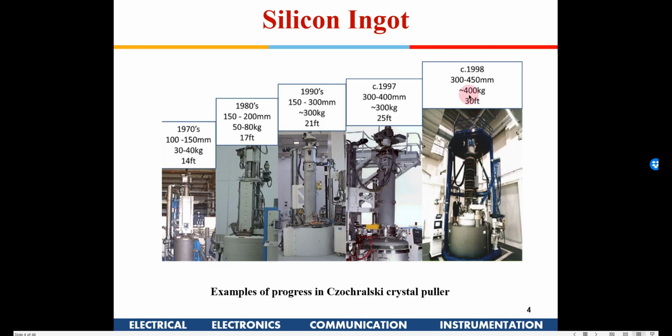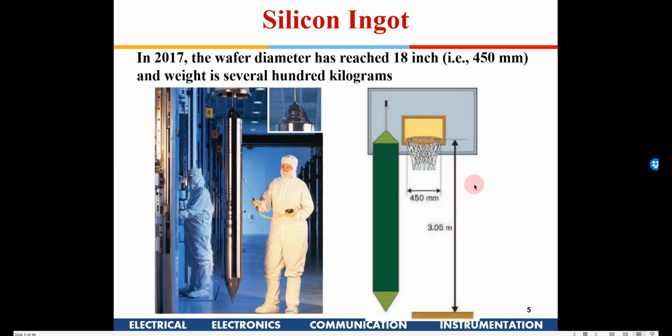This can pull up close to 400 kg of silicon bar. In fact, in 2017 we had one which weighed several hundred kilograms, with 18 inches of diameter, and the length was close to 3 meters.